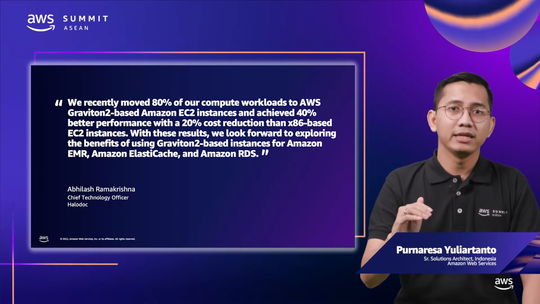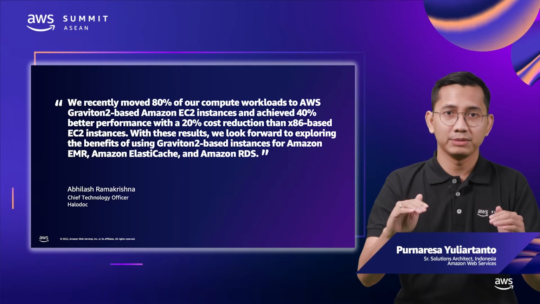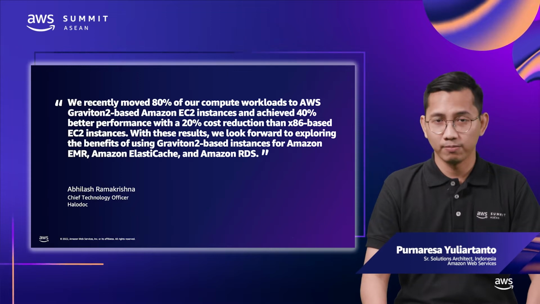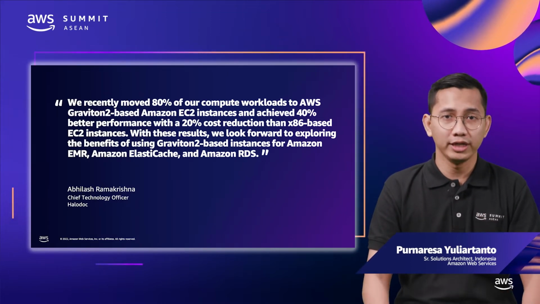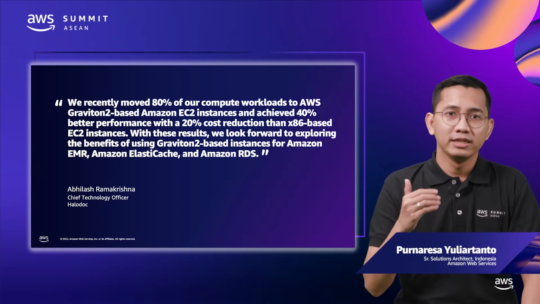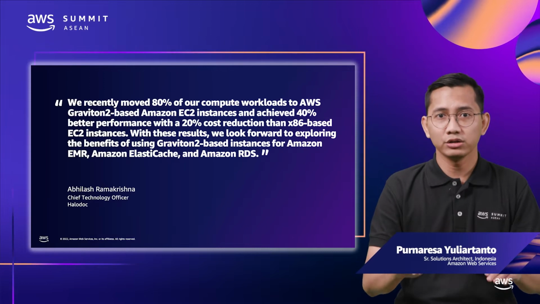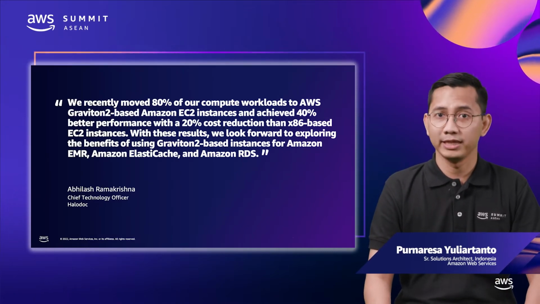AWS designed the AWS Graviton processor to deliver the best price performance for your cloud workloads running in Amazon EC2. Today, we are going to talk about Hellotalk's journey on how they were able to improve their workload performance while reducing costs by migrating to the AWS Graviton2 instance family.